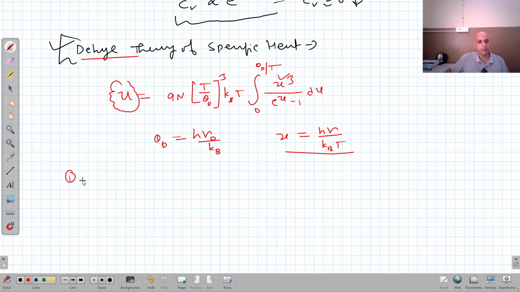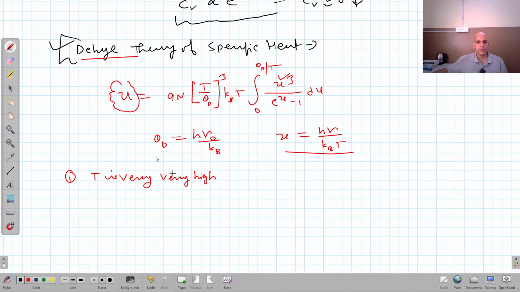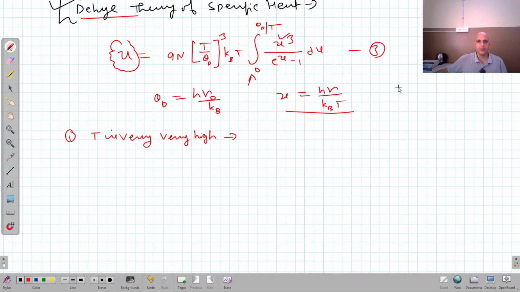When we apply conditions on this expression, the first condition is when the temperature T is very high. At very high temperature, when we apply this condition in this relation, we find that Cv is equal to 3R.